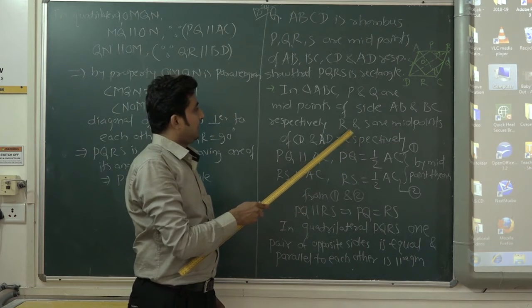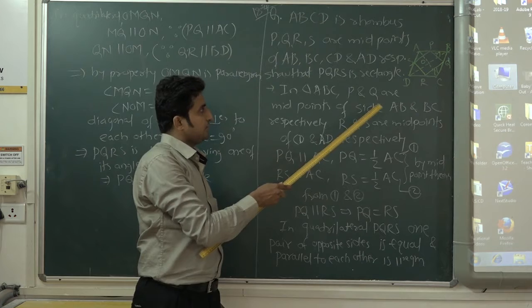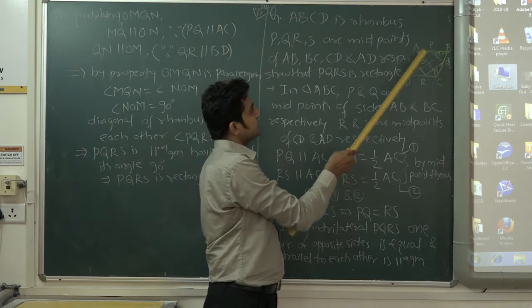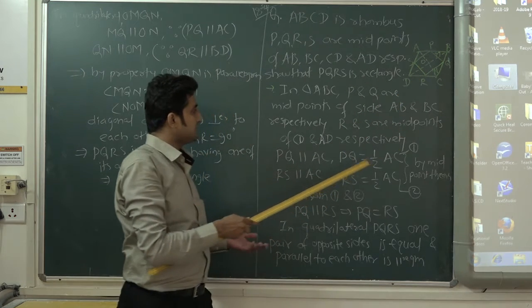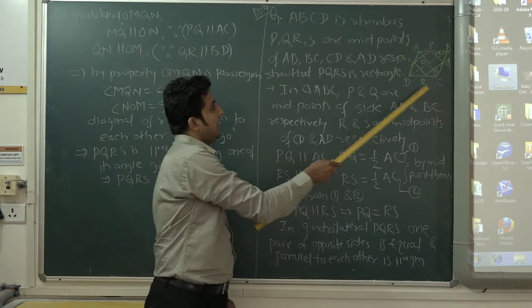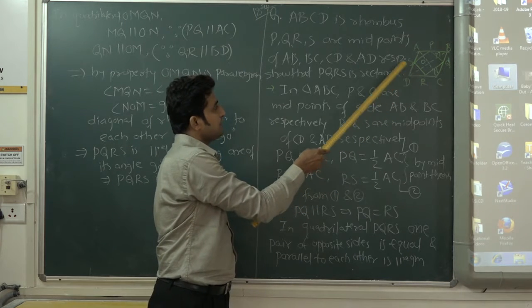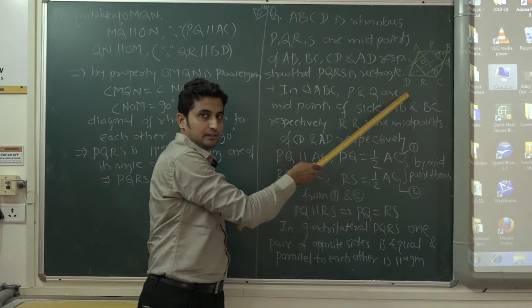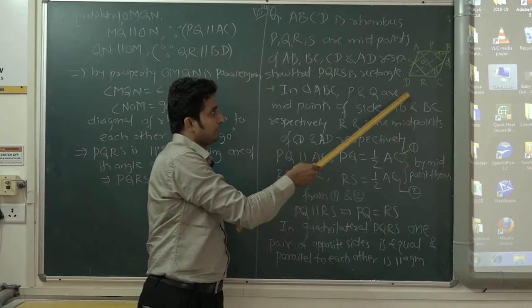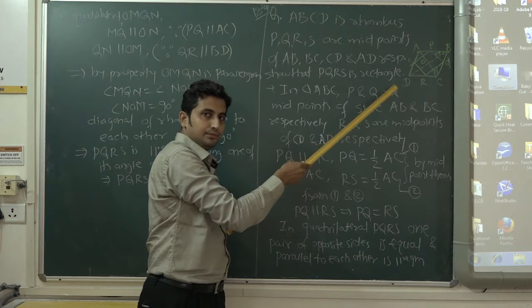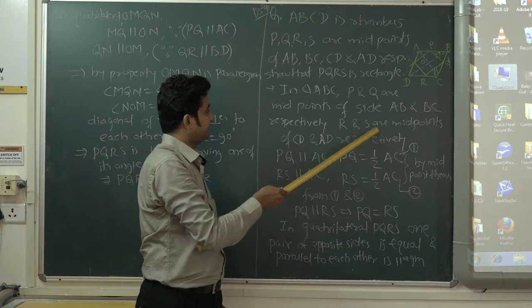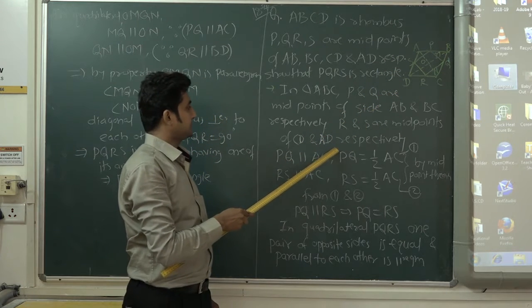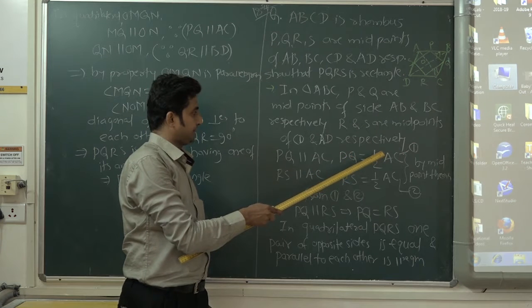Similarly, in the same way as P and Q are the midpoints of AB and BC, R and S are the midpoints of CD and AD respectively.